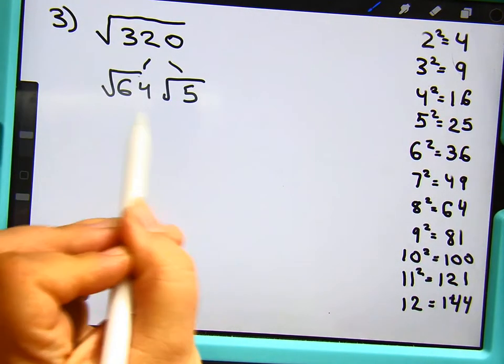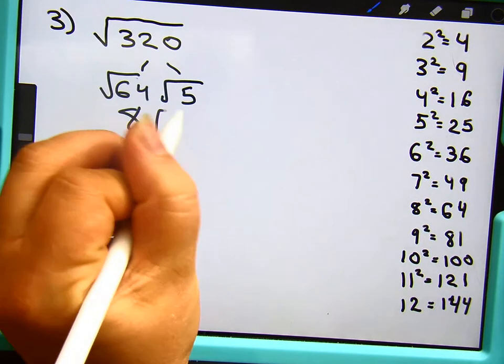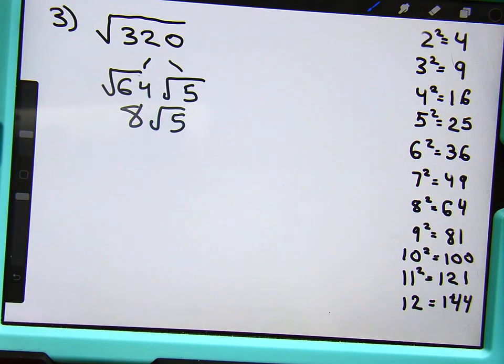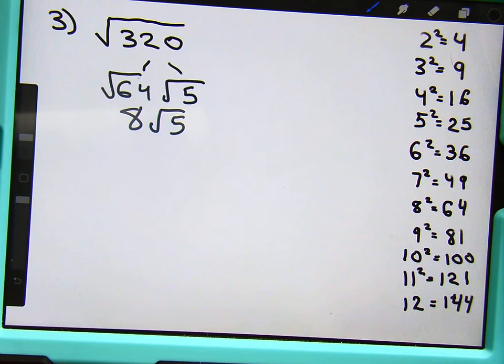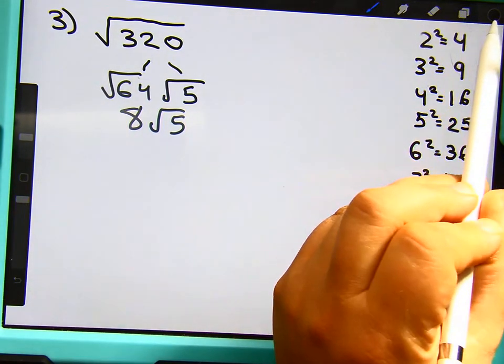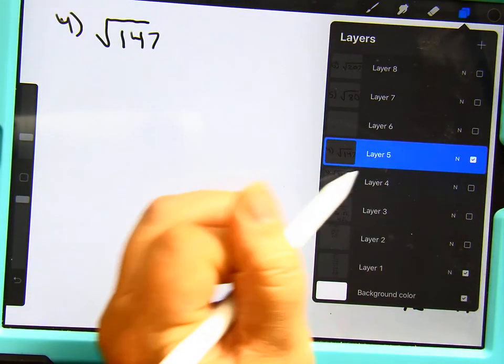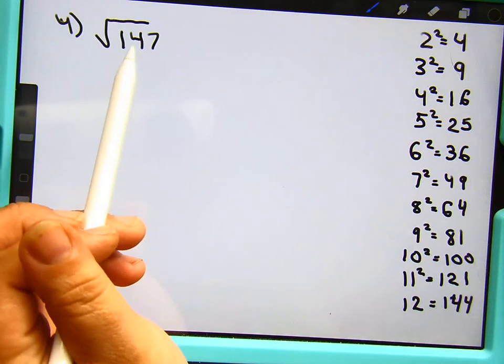To the factors, 64, the square root is 8, and I am finished. So you can see how you can start kind of doing this faster as long as you know your roots.